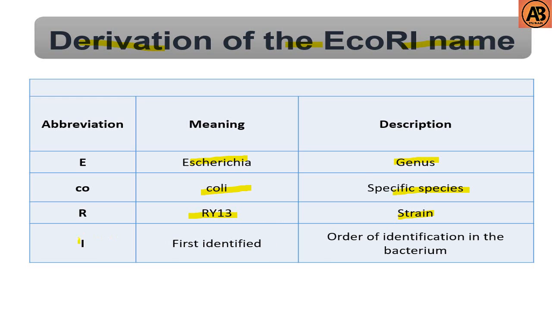Then I refers to the first identified number, the order of identification in the bacterium. So this is the meaning of EcoRI: genus, species, strain, and order of identification.